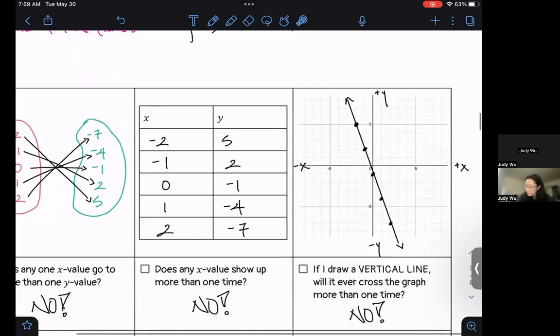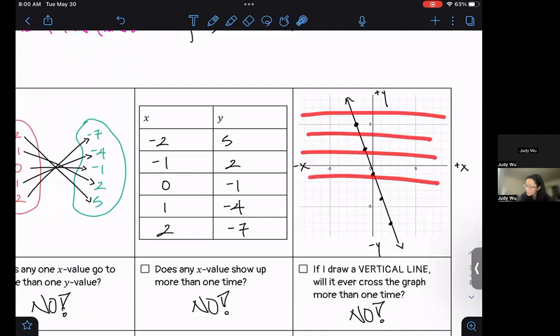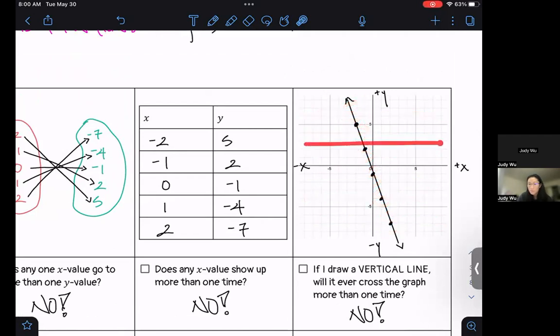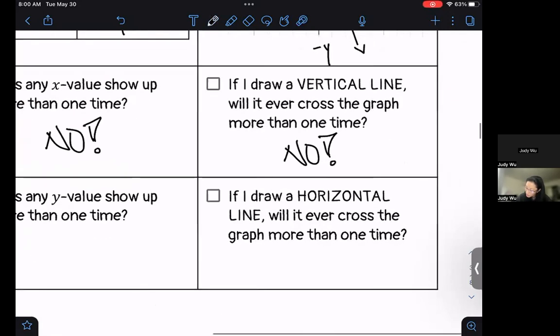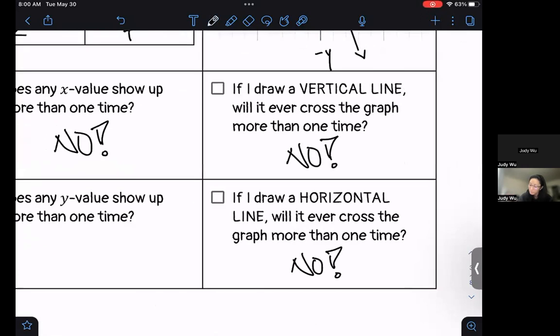So I'm not drawing vertical lines, but I'm doing the same idea where I'm imagining a bunch of horizontal lines and seeing, does each one ever cross more than one time? I can see from this picture that each of these lines, no matter where I put it, is only going to cross one time. So if I draw a horizontal line, will it ever cross the graph more than once? No, it will not. That's a good sign.